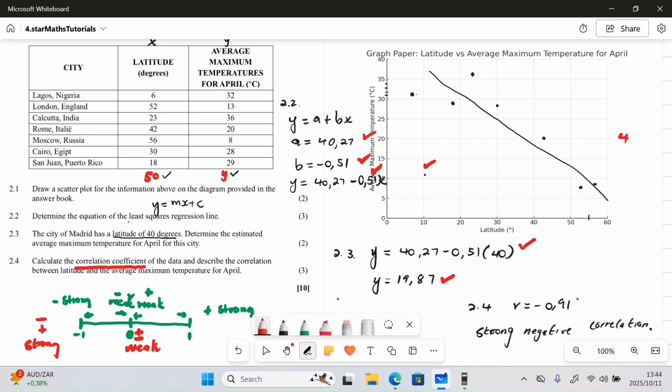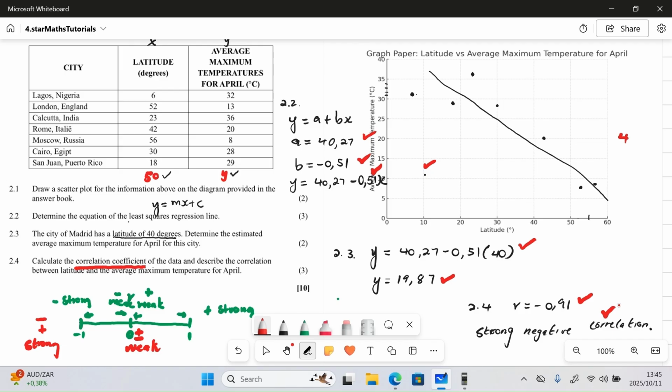So easy marks: 1 mark for the value of R, 1 mark for the comment. Remember, the comment is based on the scale. If the number is close to a positive 1, it means that it's strong and positive. If the number is close to negative 1, it means that it's strong, and because it's negative, it's a strong negative correlation.